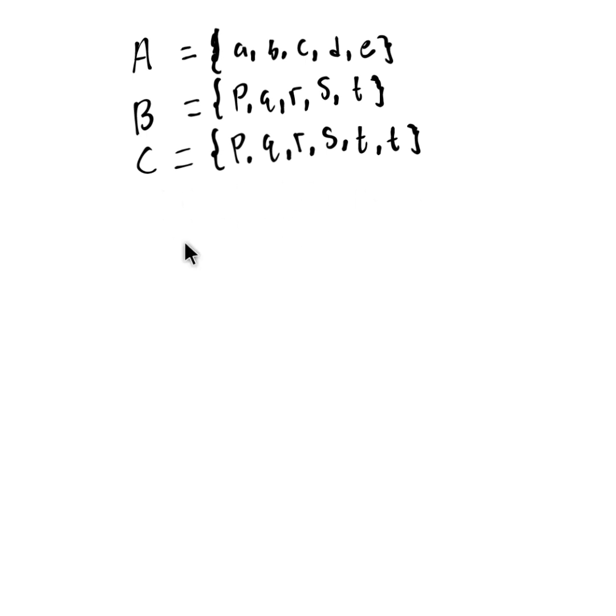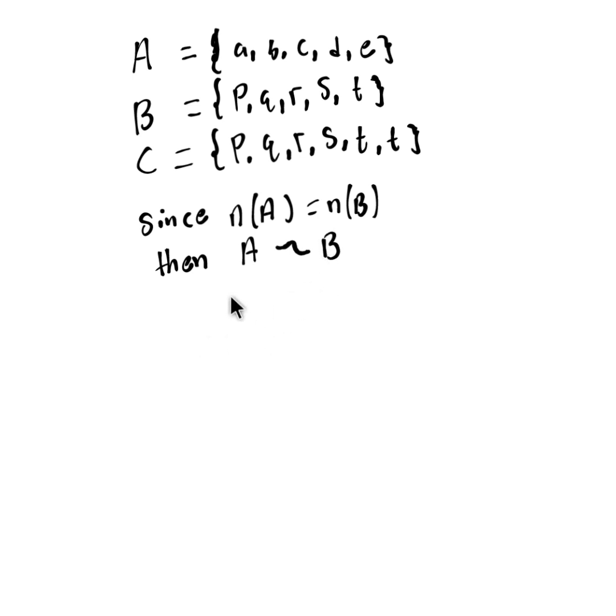Now, from those 3 sets, it can be said that since the number of elements in set A is equal to the number of elements in set B, then set A is equivalent to set B. They are equivalent.